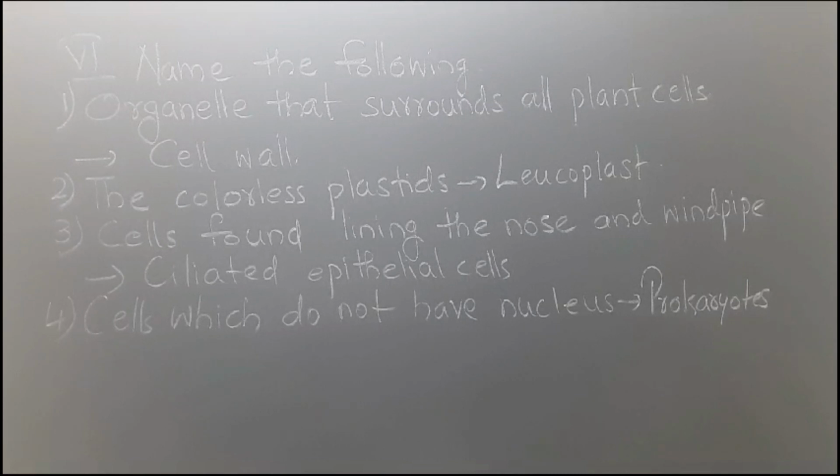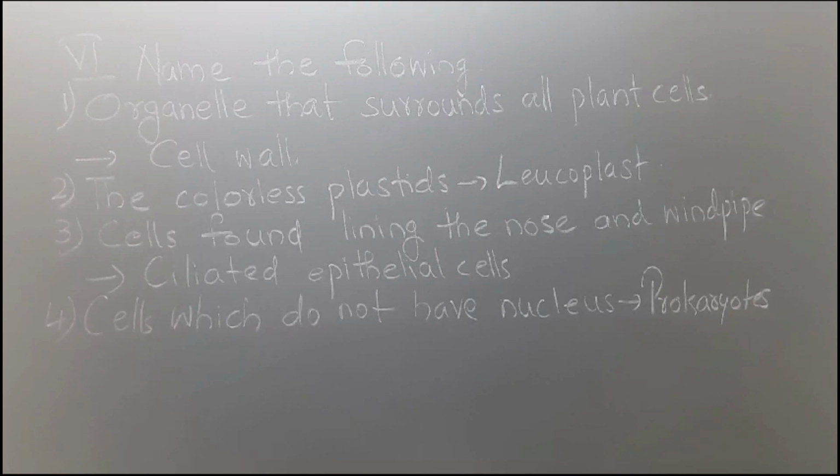Number 6, name the following. Under this title, there are 4 questions. Number 1, organelle that surrounds all plant cells. Which organelle surrounds all plant cells? Cell wall is the organelle that surrounds all plant cells.